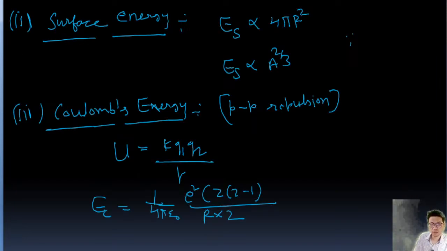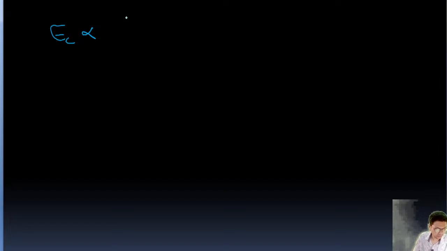So from here, this is an important one: the Coulomb energy, EC. The Coulomb energy is equal to AC Z into Z minus 1 upon A to the power 1 by 3.